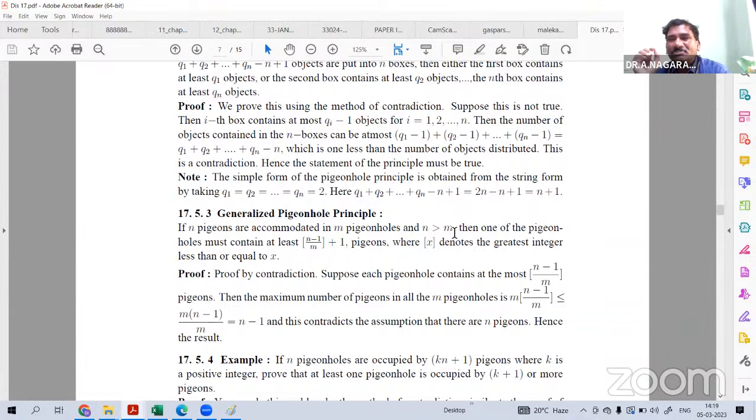If we add Q1 plus Q2 plus so on Qn minus n, which is 1 less than the number of objects distributed. This is a contradiction. Hence, the statement of the principle must be true. That's all. Okay.